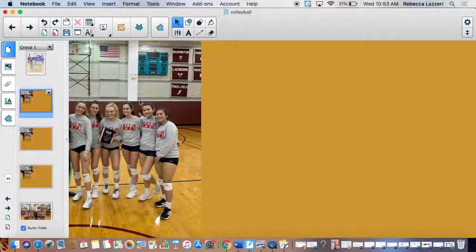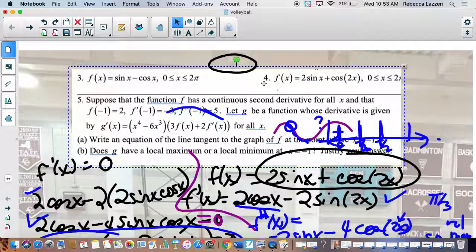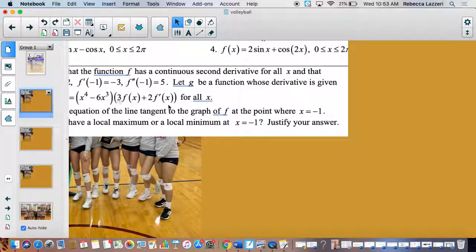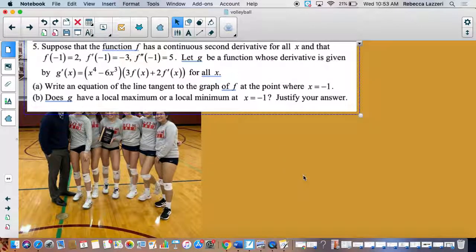Oh, well, that's not what I really wanted to do. I was trying to copy this, and I copied the whole picture. Okay, so we're doing this, and I've gone over this with a couple of people enough to where I felt like I should do it in class.